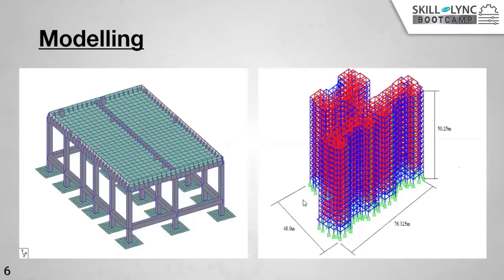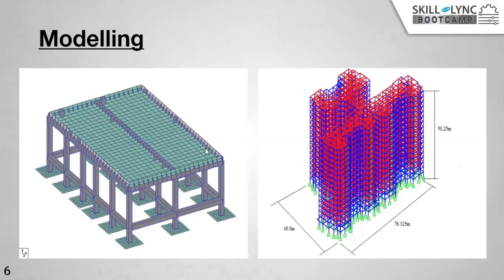Otherwise, you can create hundreds of columns. If you don't create it properly, the analysis, the load transfer will not be proper, and you will not be able to achieve what you intended to do, because each software has different criteria to be followed.